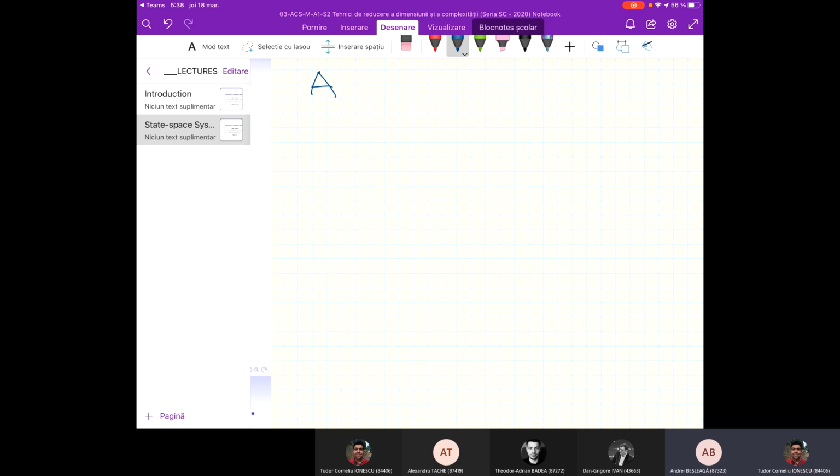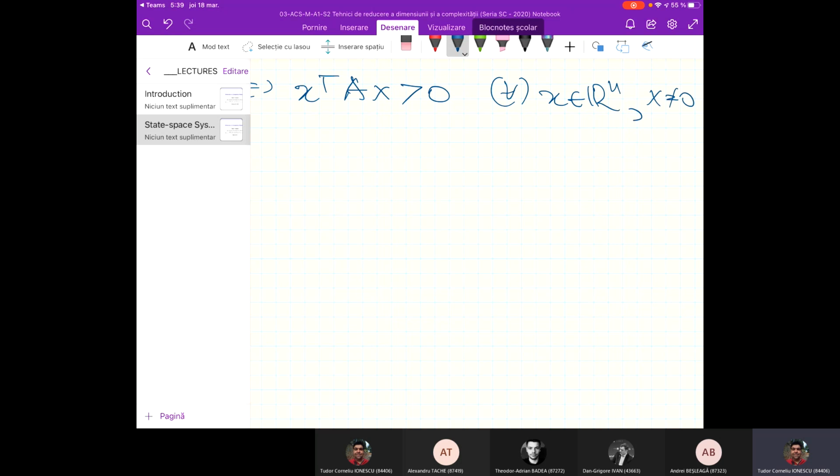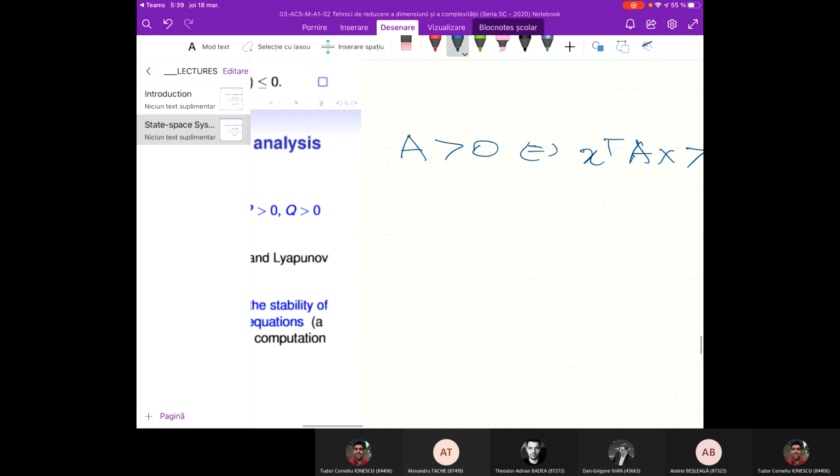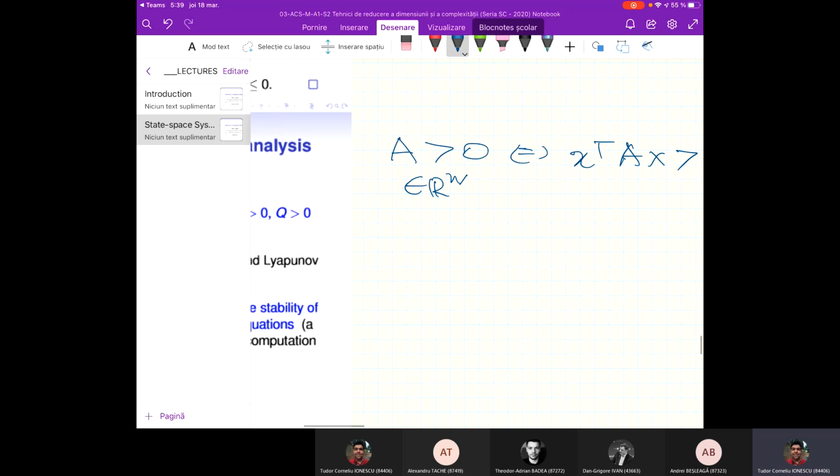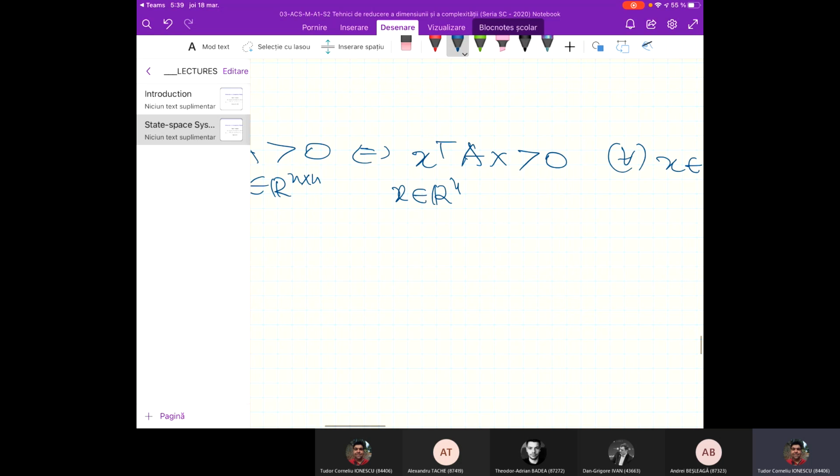A matrix A is positive definite if and only if X transpose AX is positive. This is a number, for all X in R^n, X non-zero. A is in R^(n times n), X is also in R^n.